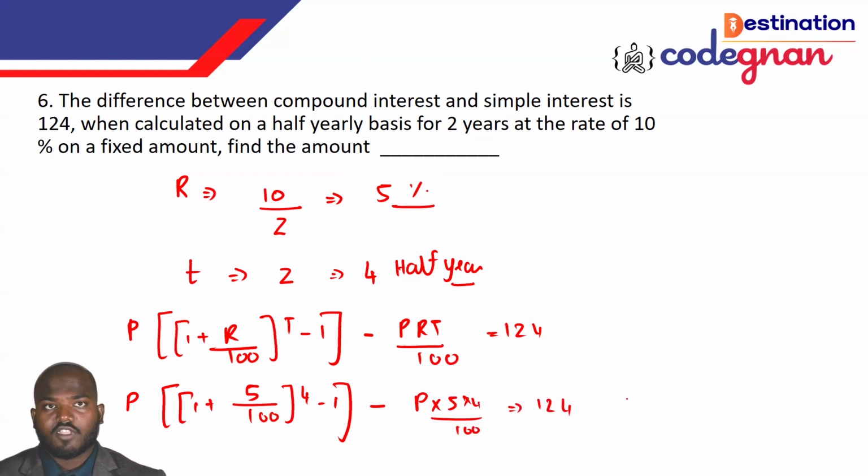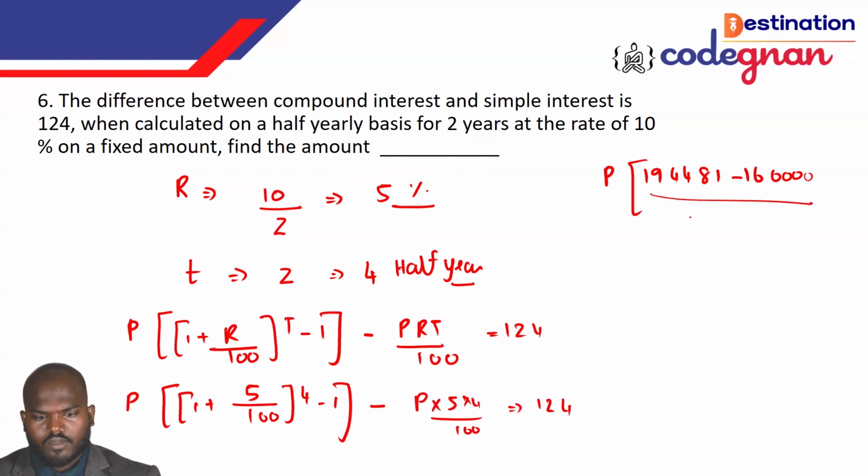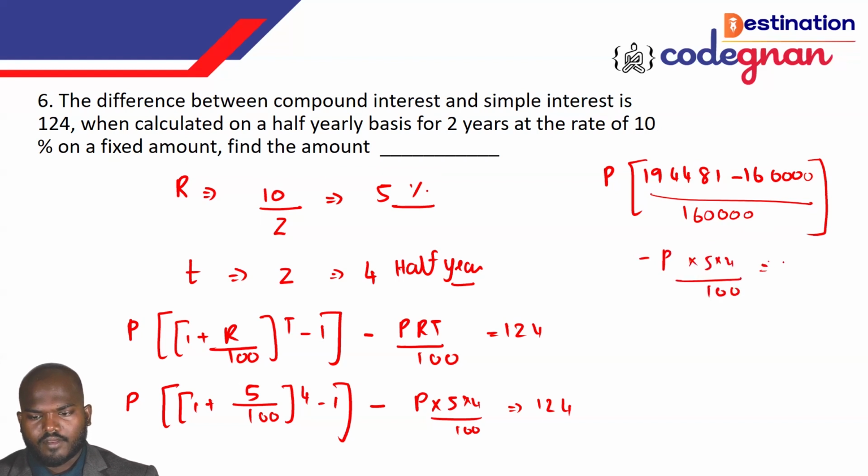If you're sorting out everything by expanding this one, you will get the value: P times 194481 minus 160000 over 160000, minus P times 5 times 4 by 100.